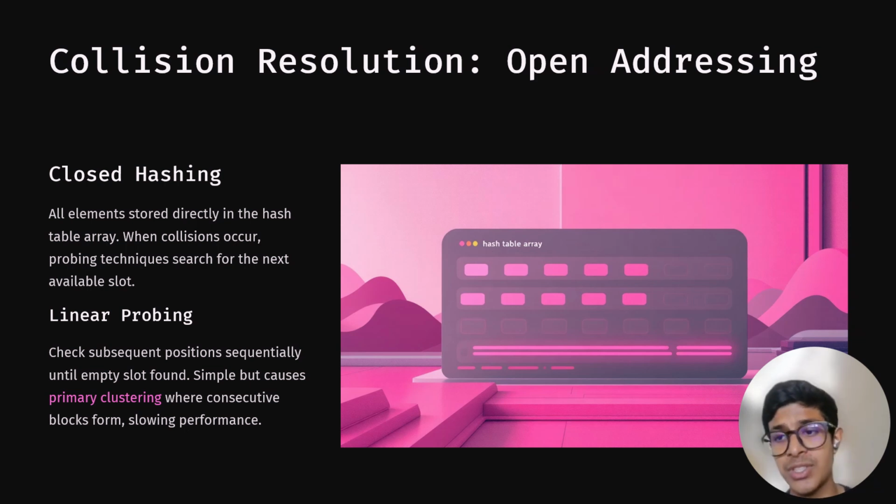Much similar to linear searching, when an index is already occupied, the system simply checks the very next subsequent position, and then the one after that, sequentially until an empty slot is found. While this is very simple to implement, it carries a specific risk, which is primary clustering. This is where long, consecutive blocks of occupied slots begin to form, which can significantly slow down performance as the system has to trudge through these clusters to find an open space.